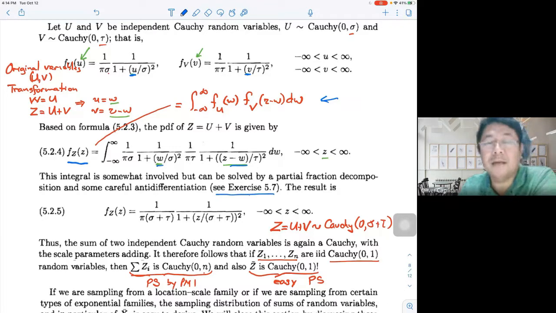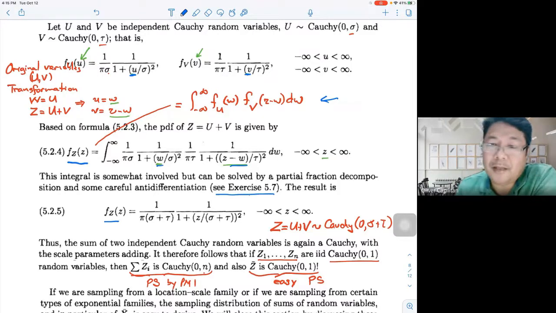Pero hindi ko na lang ibigay sa inyo as a problem set. So, if you have some time to evaluate this improper integral using partial fraction decomposition, we can obtain the marginal distribution of Z. Ito ngayon, the PDF of Z to be equal to this. Okay? So, yan yung ating PDF for Z.